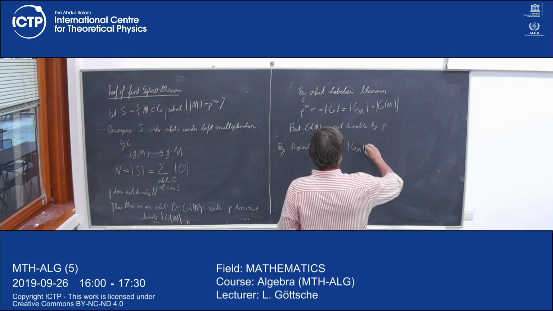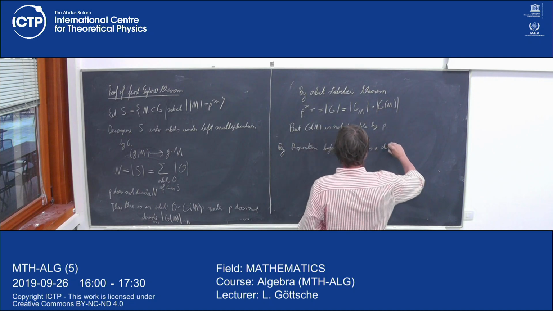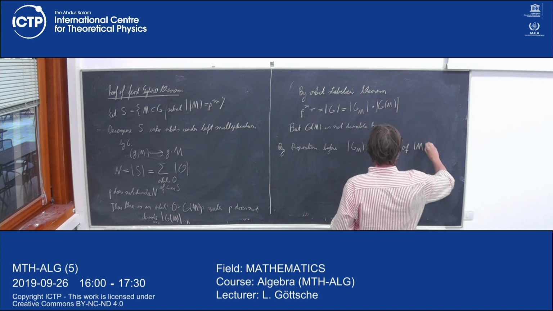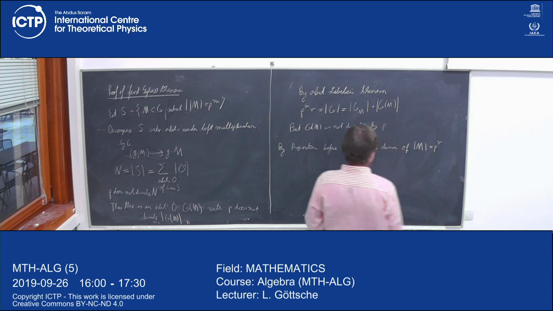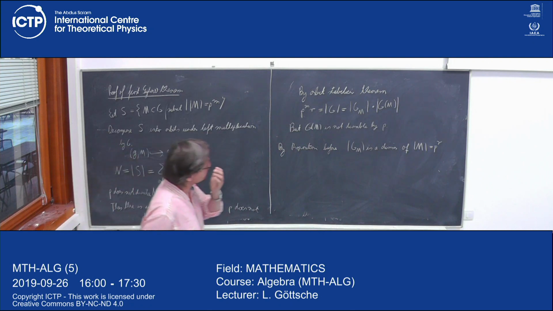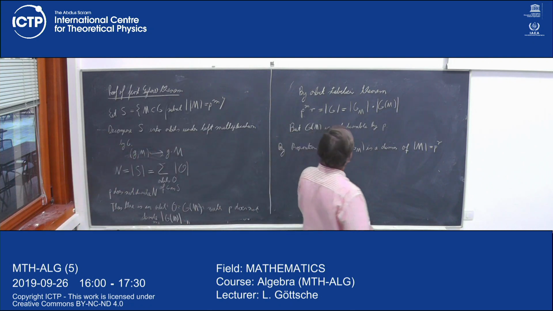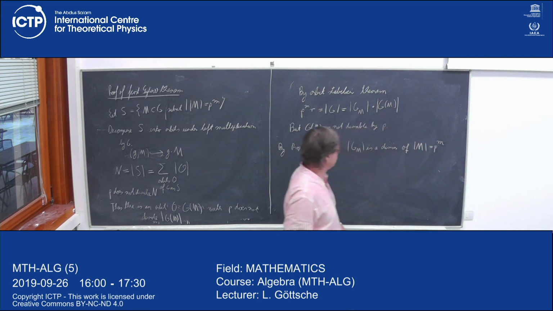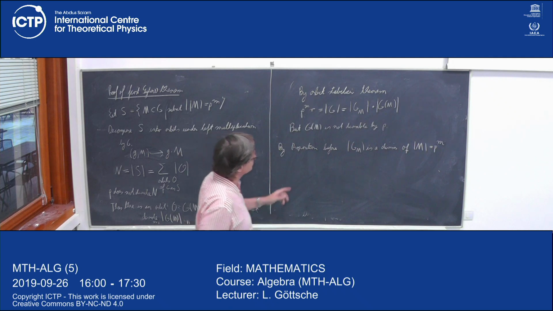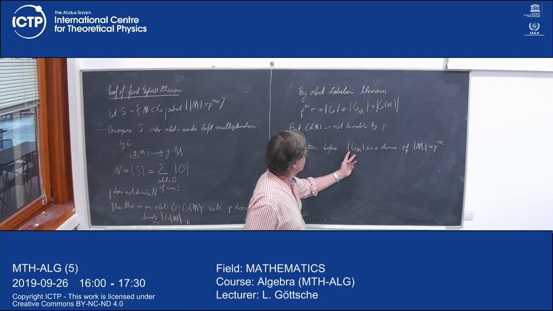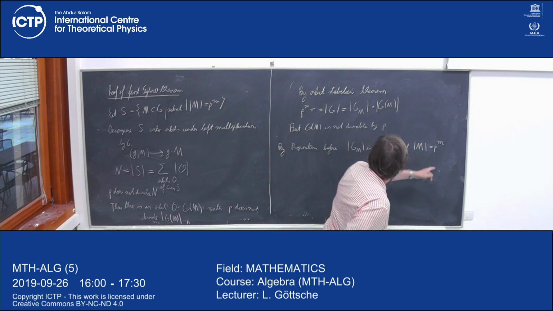So by the proposition before, we have that the number of elements of the stabilizer G_M is a divisor of p to the m. Yeah, the number was m. I occasionally forget that. So we have that this number is a divisor of p to the m.